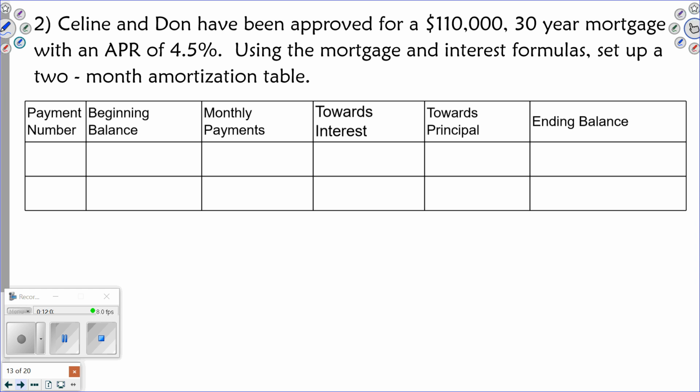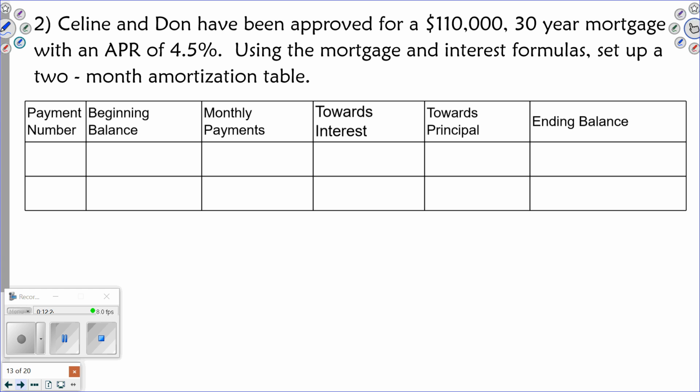So Celine and Don have been approved for a $110,000 30-year mortgage with an APR of 4.5%. Using the mortgage and interest formula, set up a 2-month amortization table. So now we're going to try to do this for 2 months. It does change things.